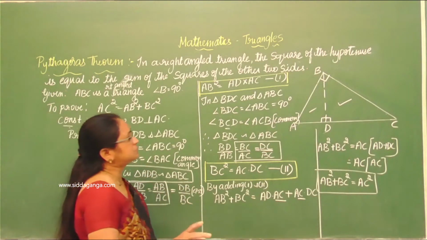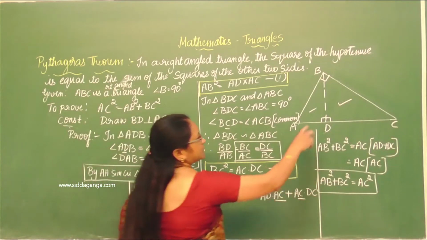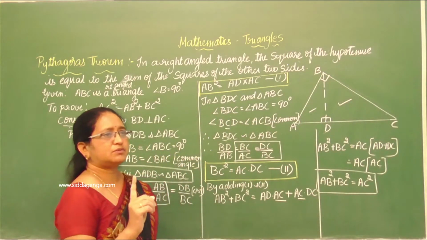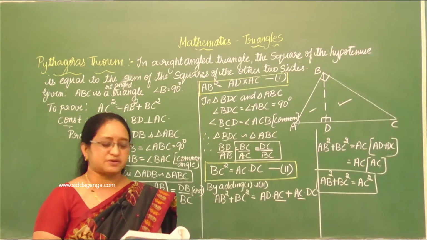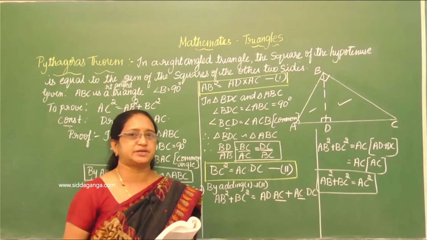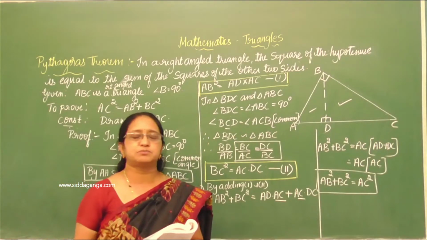Maybe you have observed one thing, whenever we draw a perpendicular to a triangle, your theorem 6.7 in your textbook, page number 145. I'll read out the statement first. It's a very important theorem again, but we need not prove it.